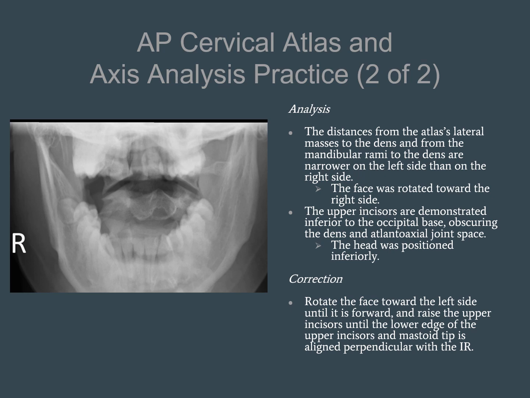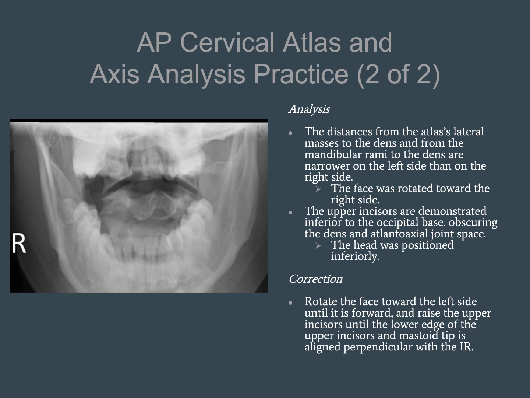In the second practice analysis, we can see that our atlantoaxial joint space is closed and the dens is superimposed by the upper incisors. This should demonstrate to you that there is some mispositioning here that we need to correct.